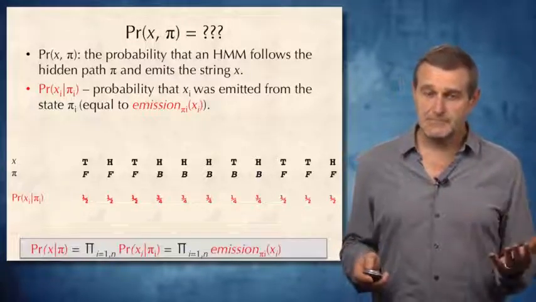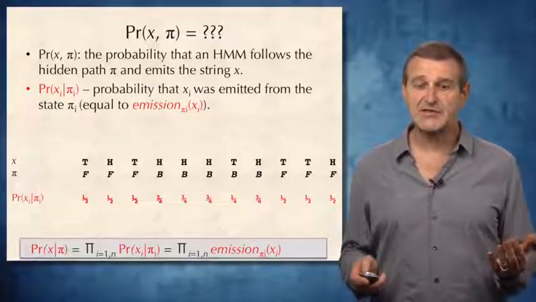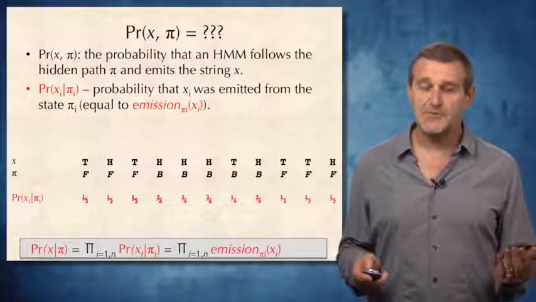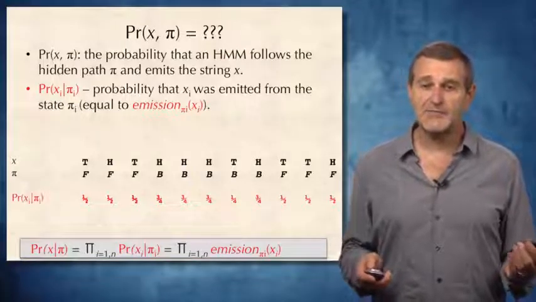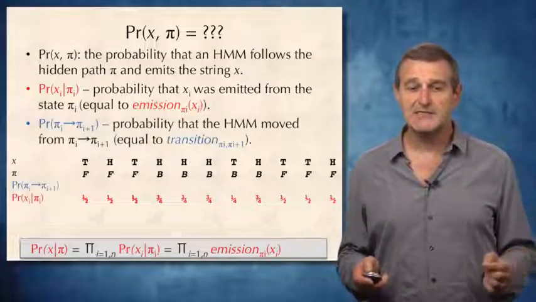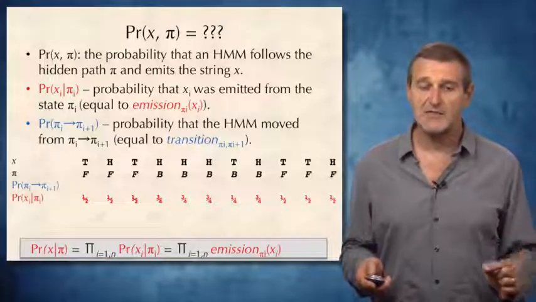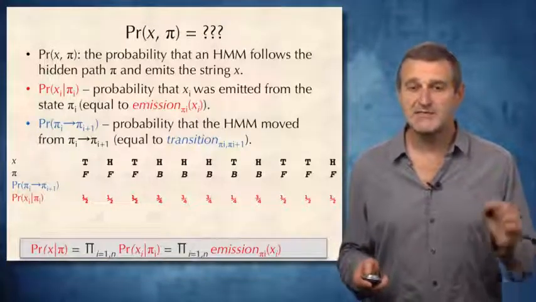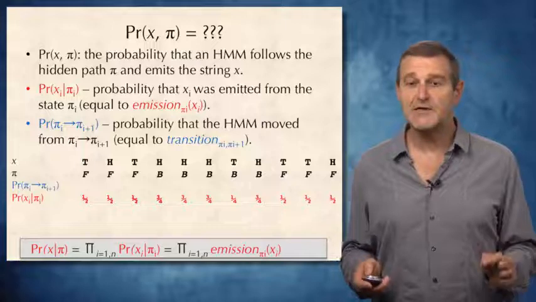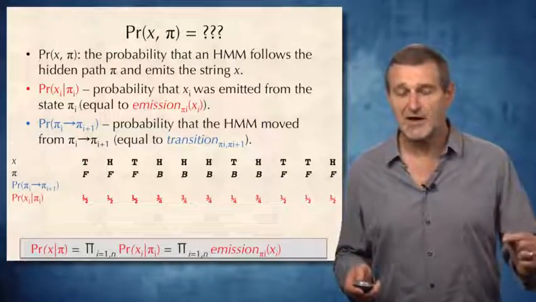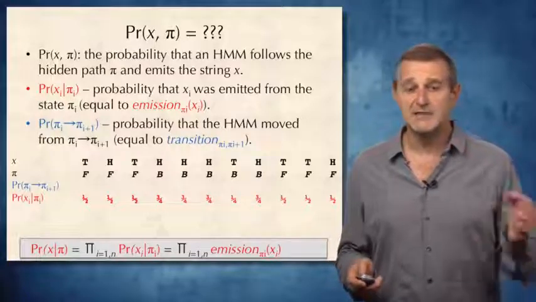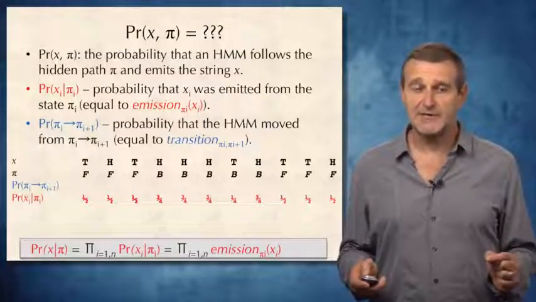Another thing that we need to compute to find the probability of x, pi is the probability of transitioning from the state pi i to the state pi i plus 1, which is simply the transition probability from the state pi i to the state pi i plus 1. Let's start computing these probabilities.